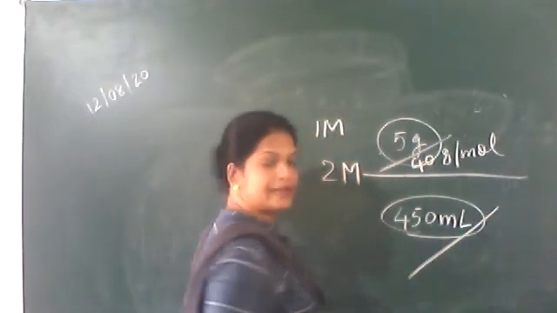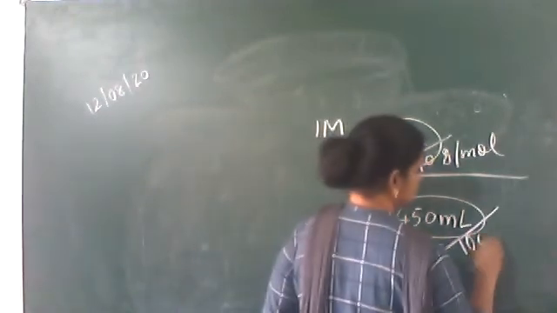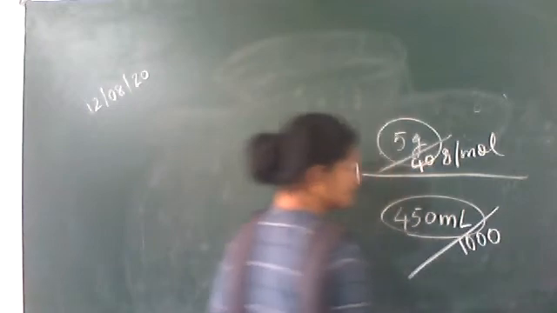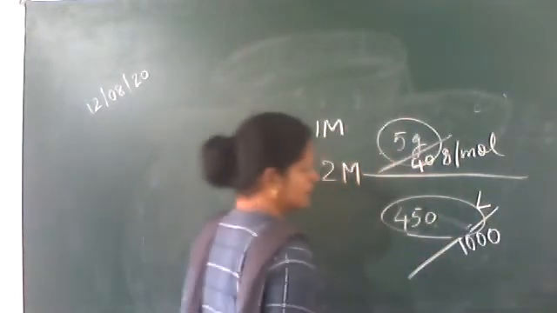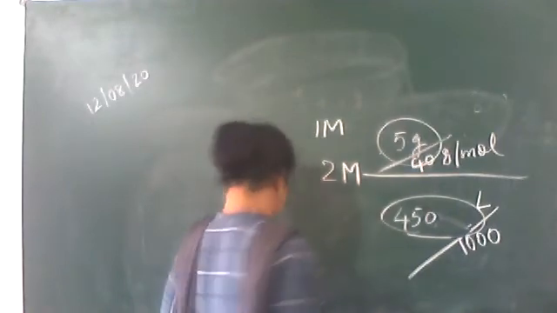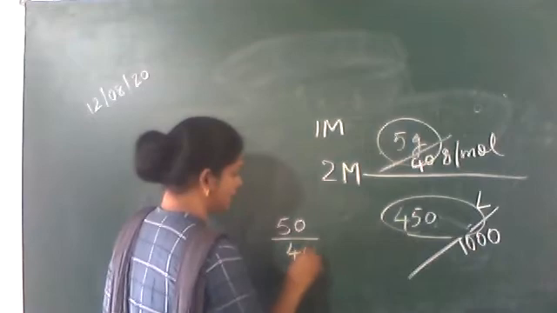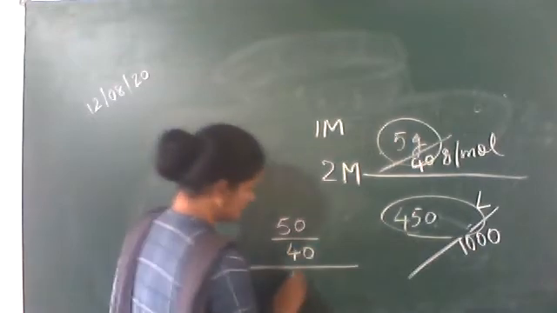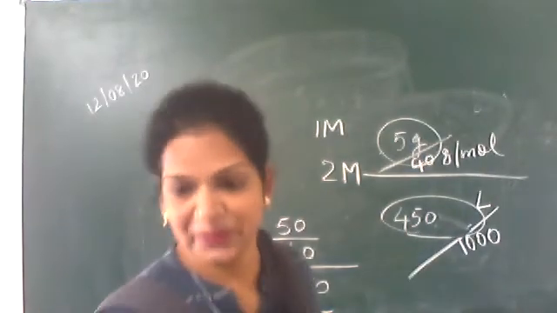You divide that by 1000 to make liter. This is liter. This is the molarity. Molarity is now 5 upon 40 divided by 450 upon 1000.